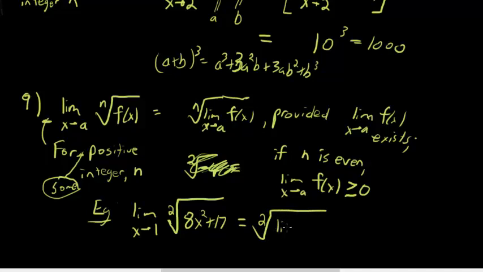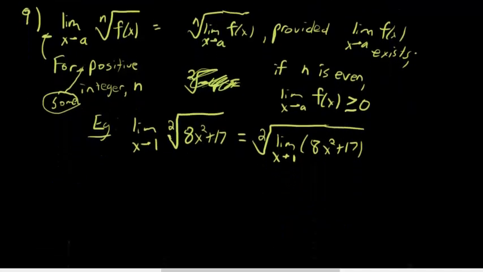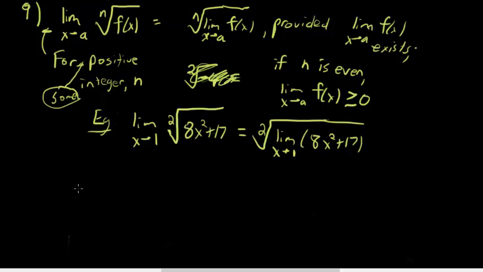That's equivalent to the square root of the limit of what's inside. The limit as x tends to 1 of 8x squared plus 17 is just 25, because 8 times 1 squared is 8 plus 17 is 25.